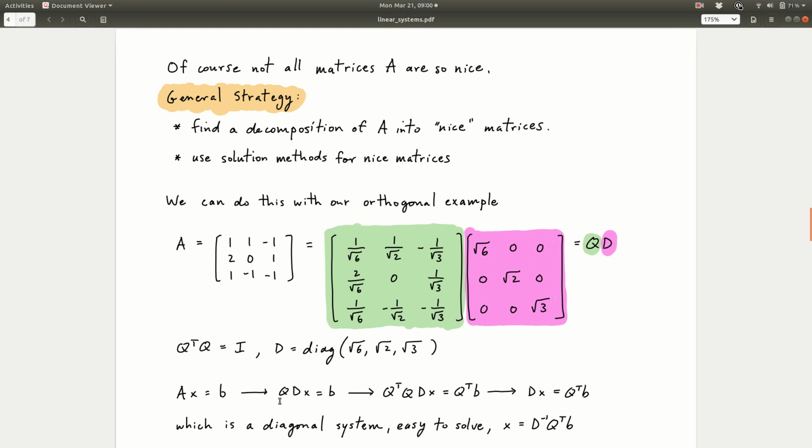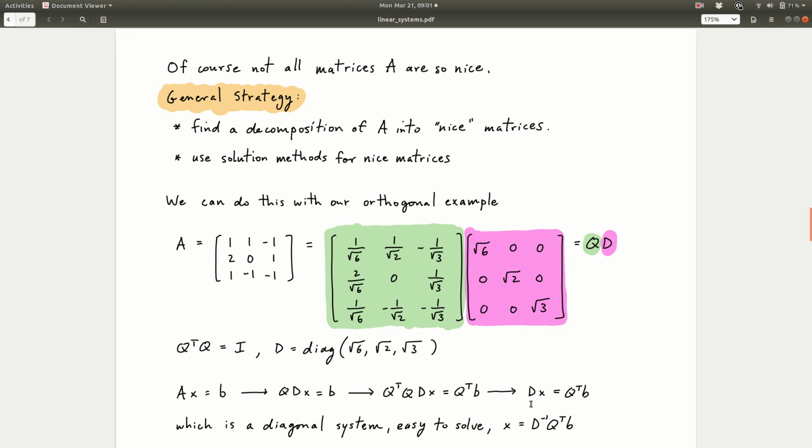Here I'm just rewriting A as Q times D times X equals B. If we multiply on the left by Q transpose on both sides, we get Q transpose Q D X equals Q transpose B. And then this becomes D X equals Q transpose B. So here on the right-hand side, these are known quantities, Q transpose B. This is an orthogonal transform.